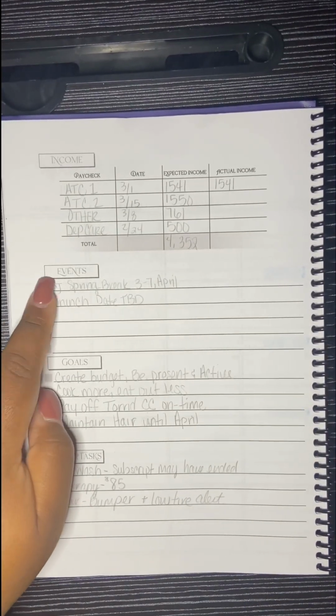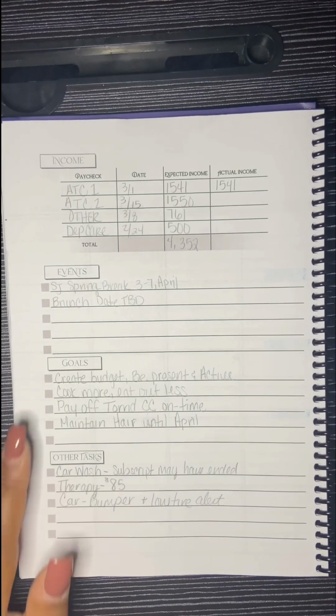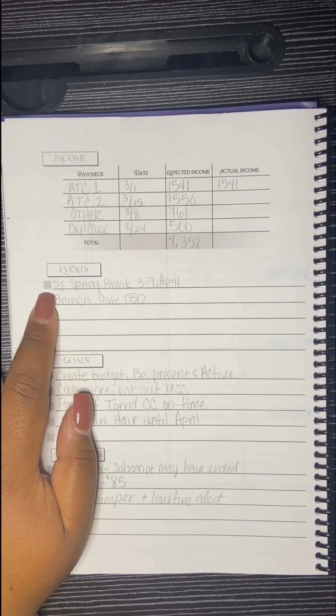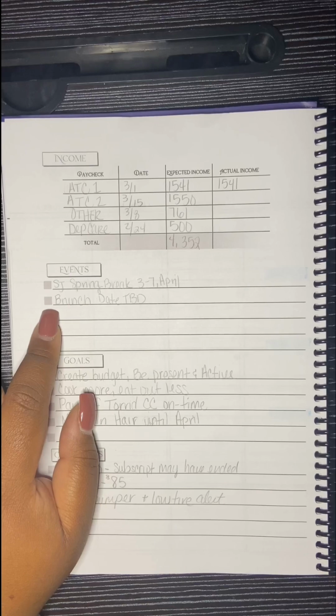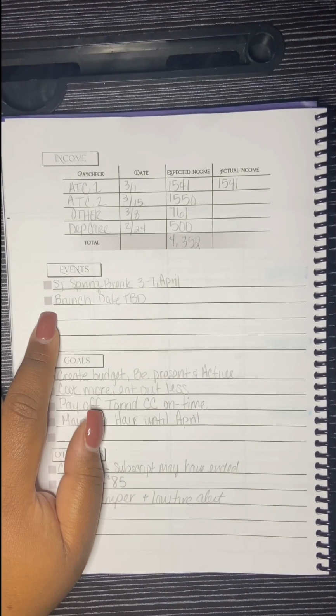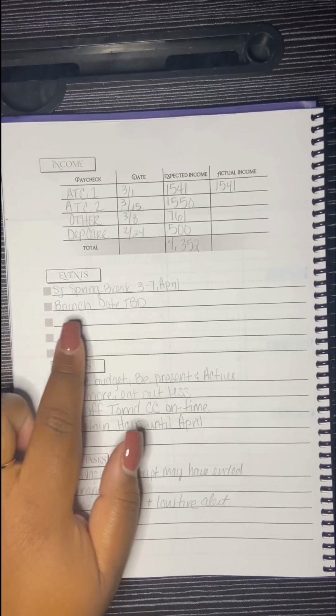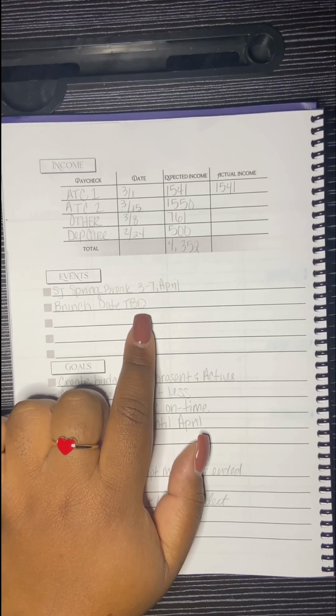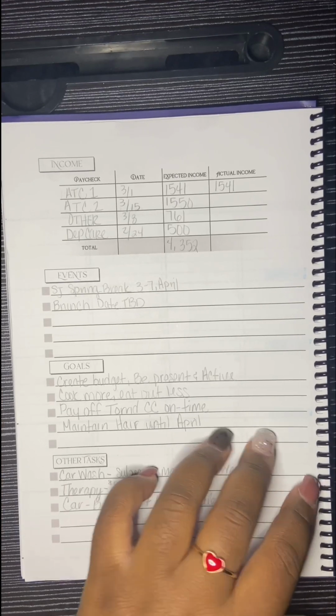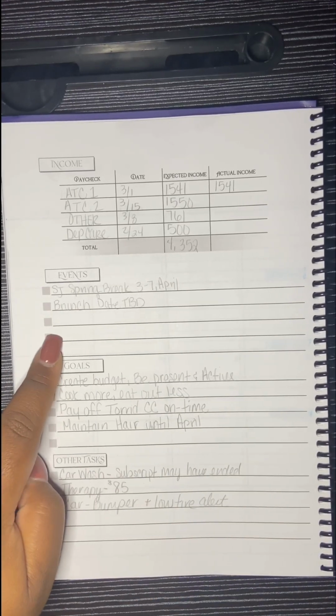Then I listed out my events, my goals, and my other tasks. I wanted to make note that my son will be on spring break the first week of April, and I want to do a couple of brunch dates this month, so I keep that as a mental note so that when I do my actual budget, I can try to budget for that.